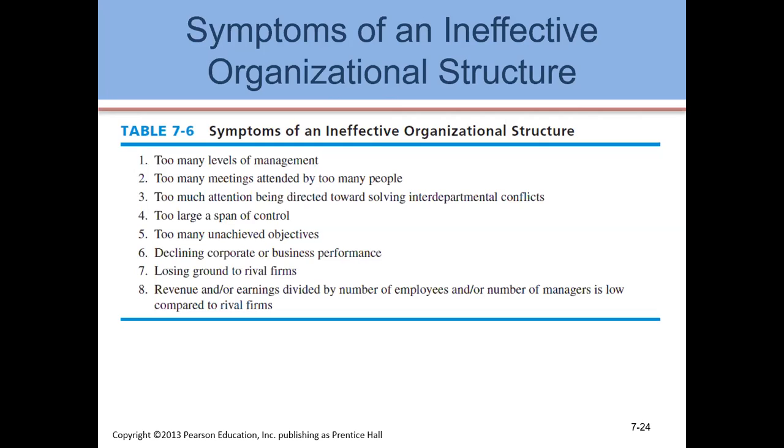Too much attention is directed toward solving interdepartmental conflicts, or there can be issues related to too large a span of control, too many unachieved objectives, declining corporate or business performance, losing ground to rival firms, revenues and/or earnings divided by number of employees and/or number of managers is low compared to rival firms.